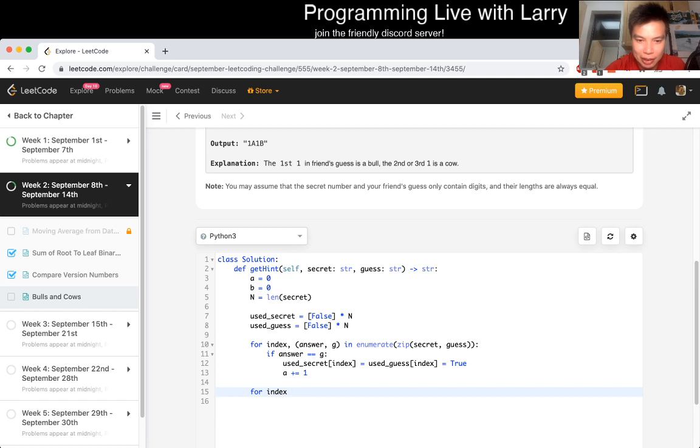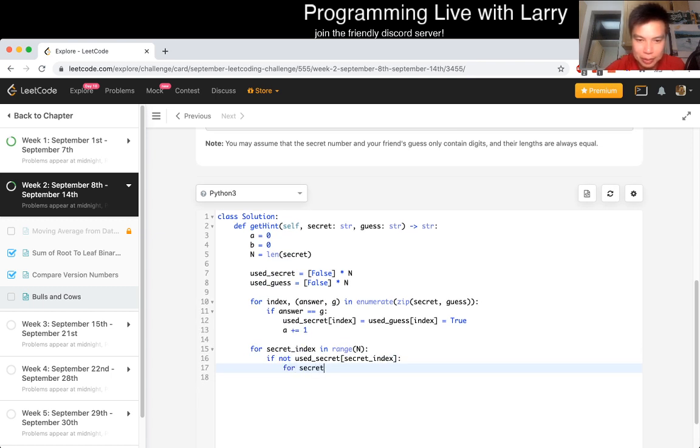For secret index in range of n, if not used of secret index, and for guess index in range of n, if not used guess of guess index, and now we just check whether secret of secret index is equal to guess of guess index. Because if this is the case, then we have a lot of things to set, right?